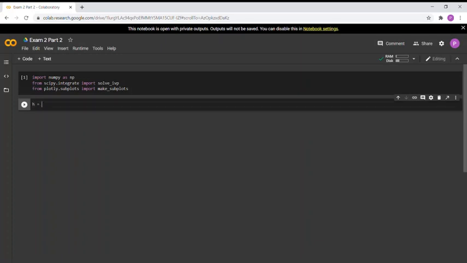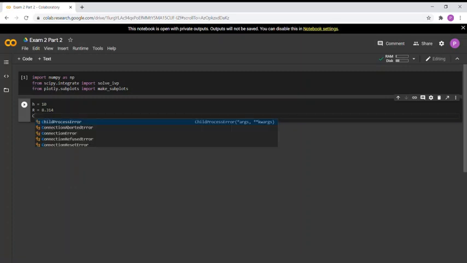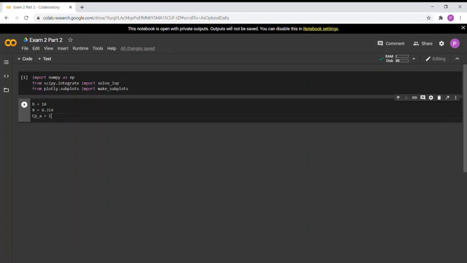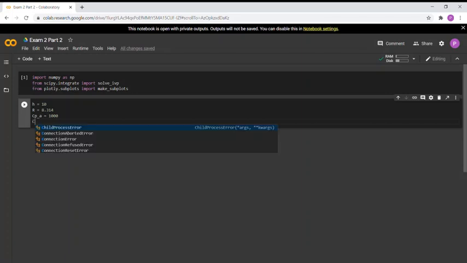So we have h equals 10. We have R equals 8.314. I have Cp of air equals 1000. I have Cp of water vapor equals 2000.